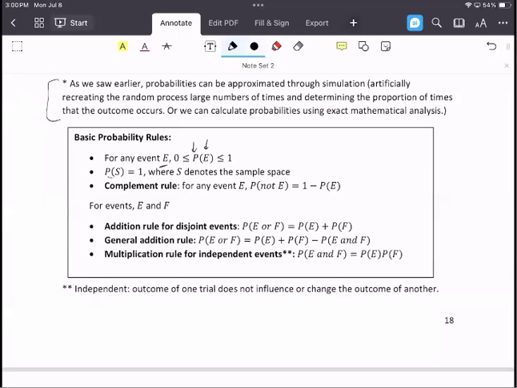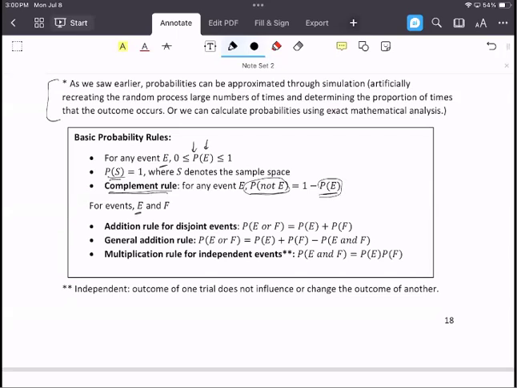The probability of the sample space is 1, because S has everything in it. The complement rule we're going to use a lot, and it's very powerful. For any event E, the probability that it doesn't occur is 1 minus the probability that it does occur. That makes sense: if we add up the probability of something occurring plus the probability of it not occurring, it has to total 1, because we want everything to be accounted for.